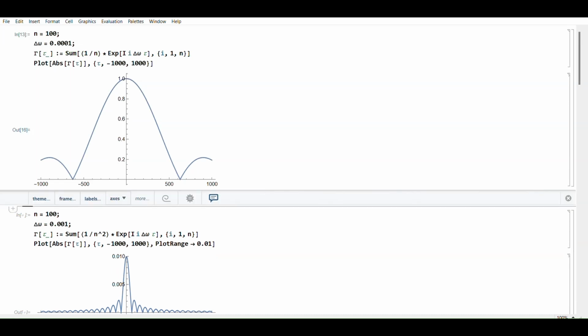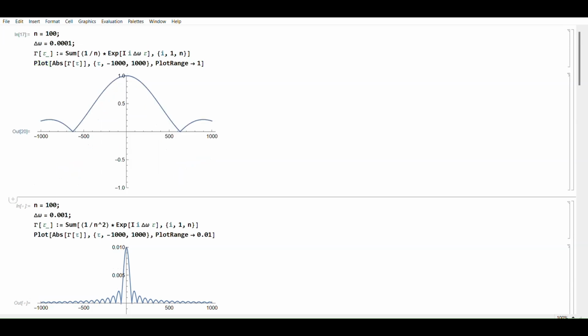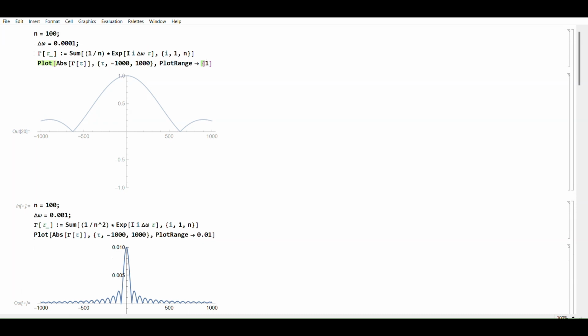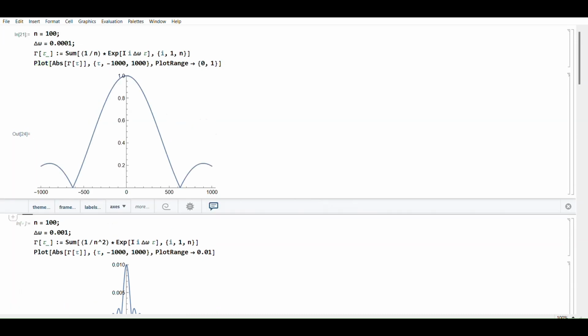Okay, yeah, so plot range should be from 0 to 1, because 1 over n squared I changed to 1 over n now. Okay, that's better.